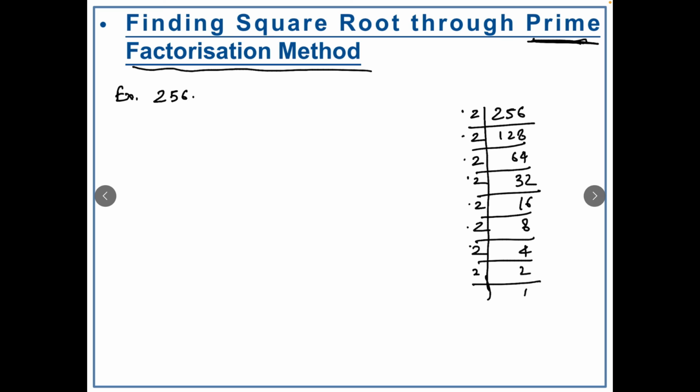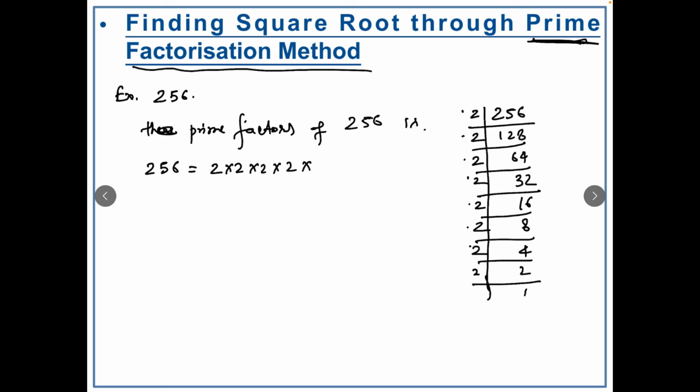Okay, so we'll write the prime factors of 256. 256 equals 2 into 2 into 2 into 2 into 2 into 2 into 2 into 2, so we have a total of 8 times 2.